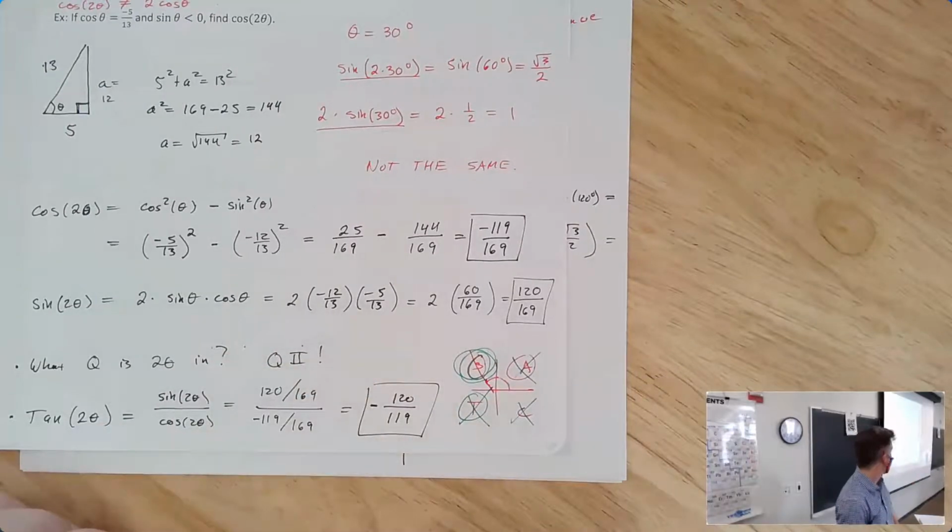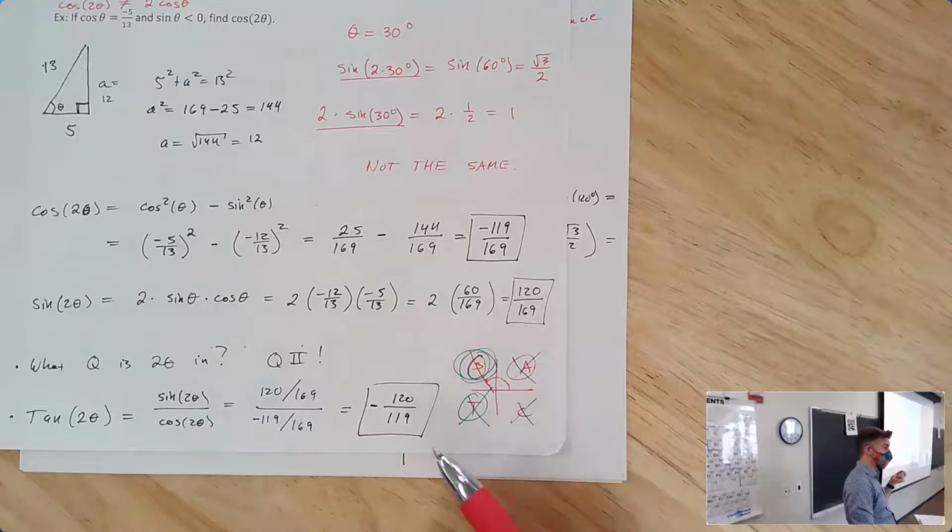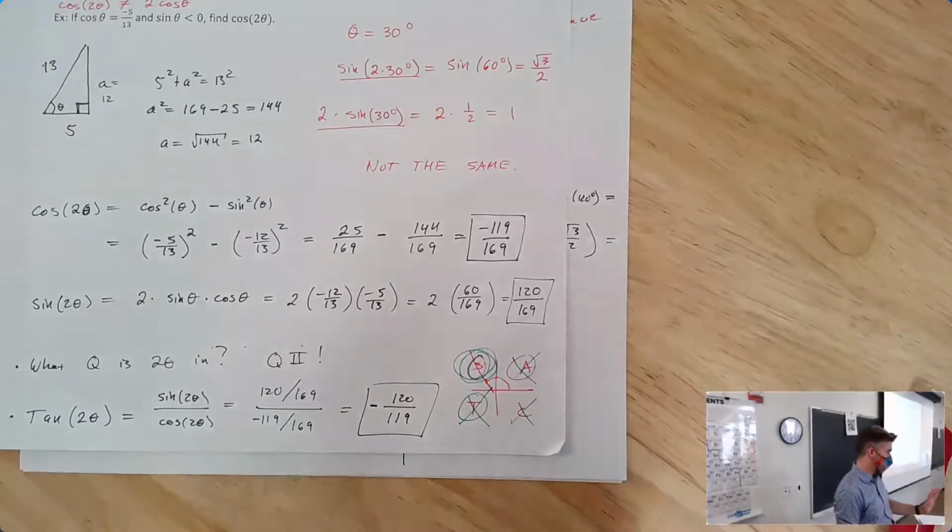In quadrant 2, you can think of "all students take calculus": sine is positive, cosine is negative. But you can also think cosine is the x-coordinate on the unit circle, and in quadrant 2 the x-coordinate is definitely negative because we've gone over to the left side. Those are two ways we could think about why cosine is negative there. Does that answer your question?